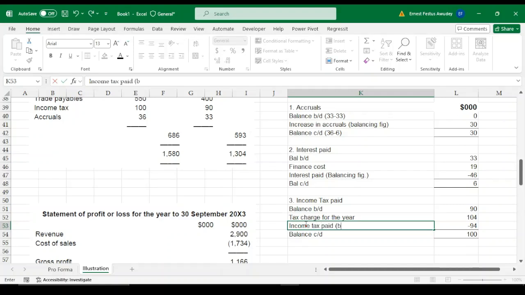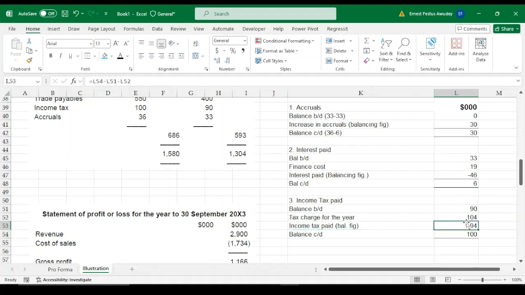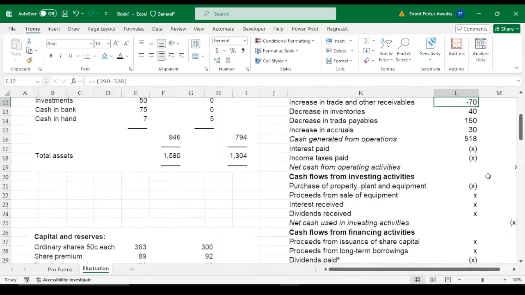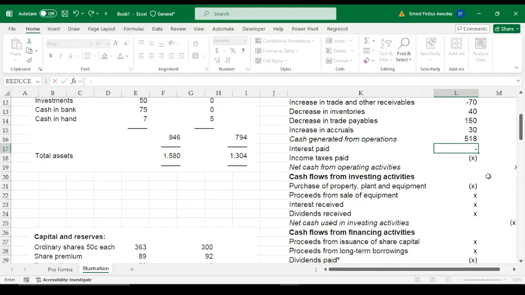Okay, and that is our balancing figure. So now that we have obtained these two figures, we can go ahead and insert them into our statement of cash flows. So what is the interest paid? It is negative 46, and then our tax payment is 94, which is also a negative figure.